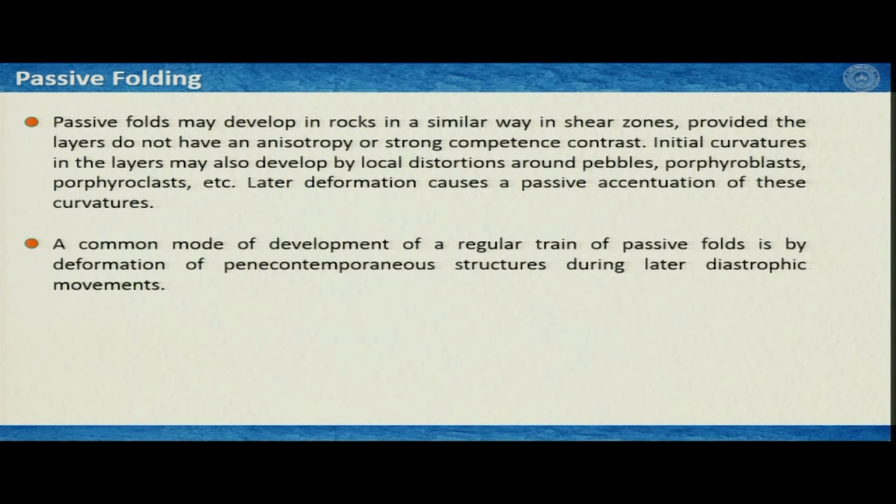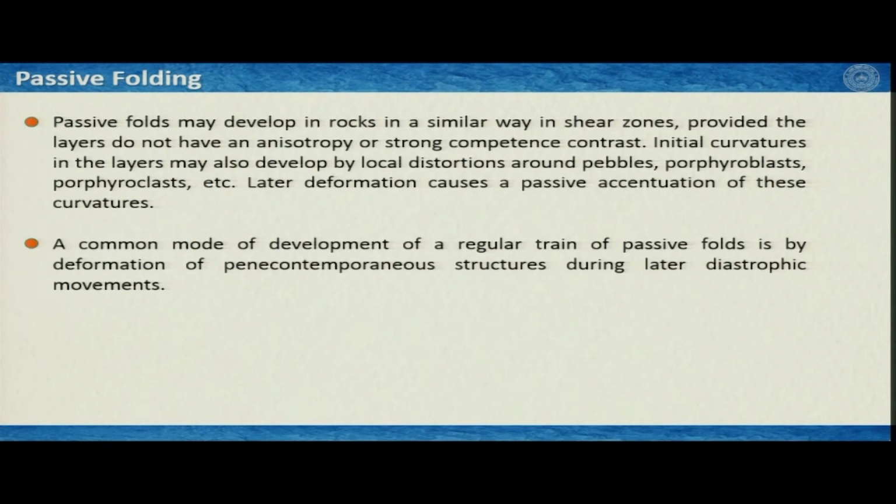Now, passive folds sometimes develop in rocks in a similar way in shear zones, because in shear zones you have very thin foliations, and the compositions or viscosity within these foliations of the layers are very much similar. So, provided the layers do not have a strong anisotropy or strong competence contrast in terms of their mechanical properties, then you can form passive folds in the shear zones. The initial curvatures in the shear zones generally develop by local distortions.